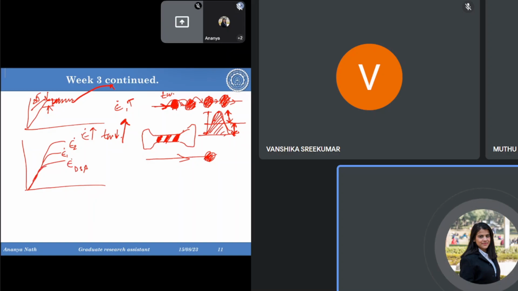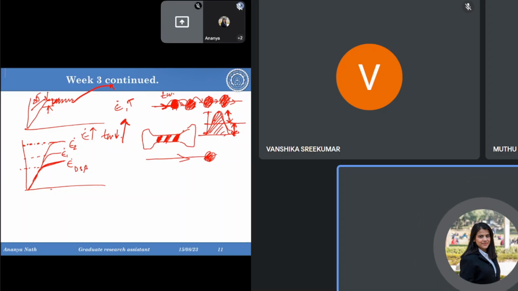For this same strain rate, the stress is low. If we are increasing the strain rate, the stress is increased, but here for the same strain rate, the stress has been decreased. So this is the difference between no DSA and DSA.